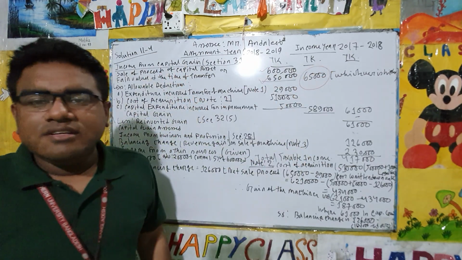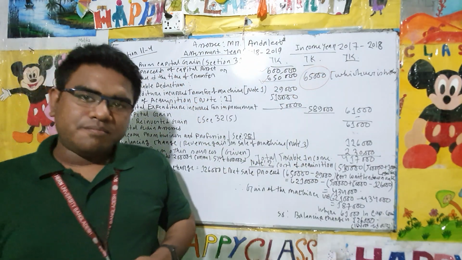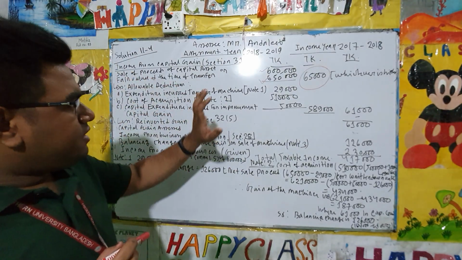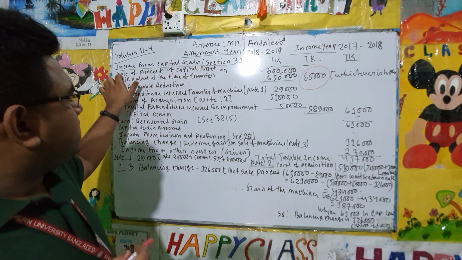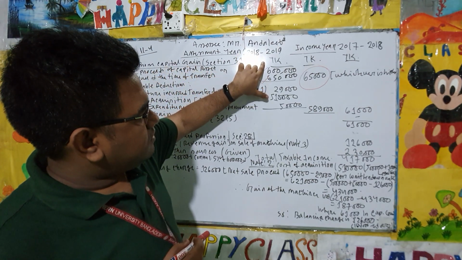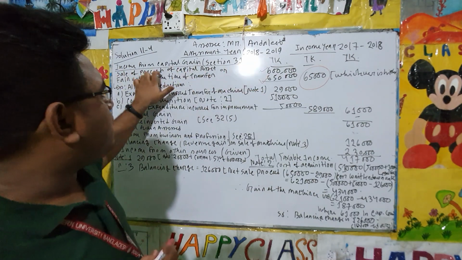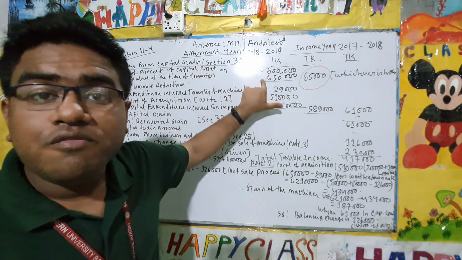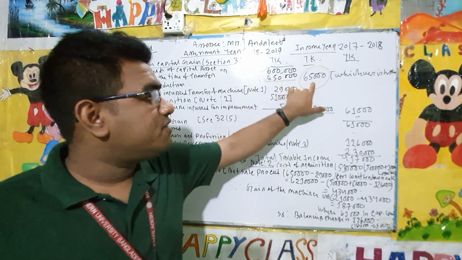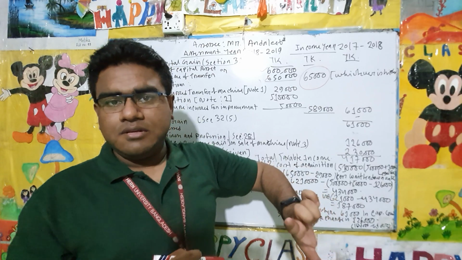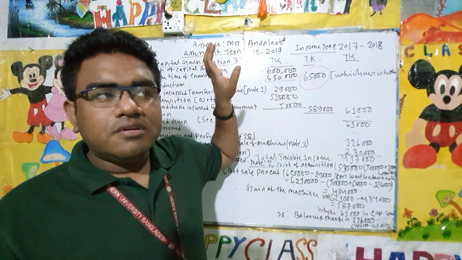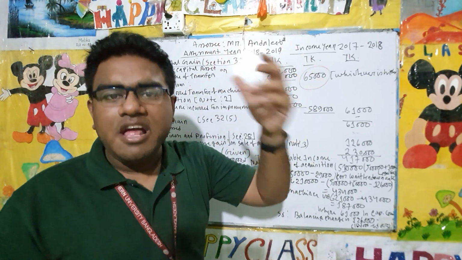So it is 6,50,000. For example, in the exam, if you find that the sale proceed of capital asset is 6,50,000 and the fair value is 6 lakhs, whichever will you choose? Always 6,50,000, because whichever is higher. Always try to take the higher value.